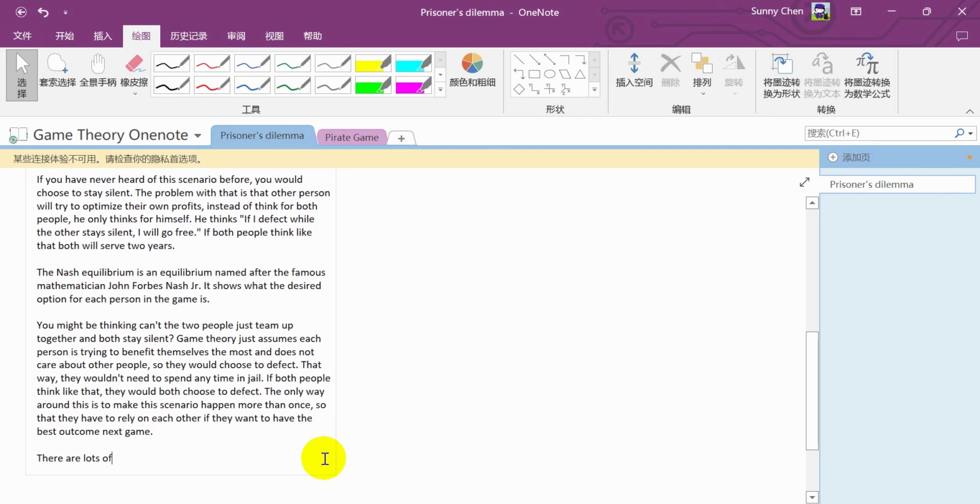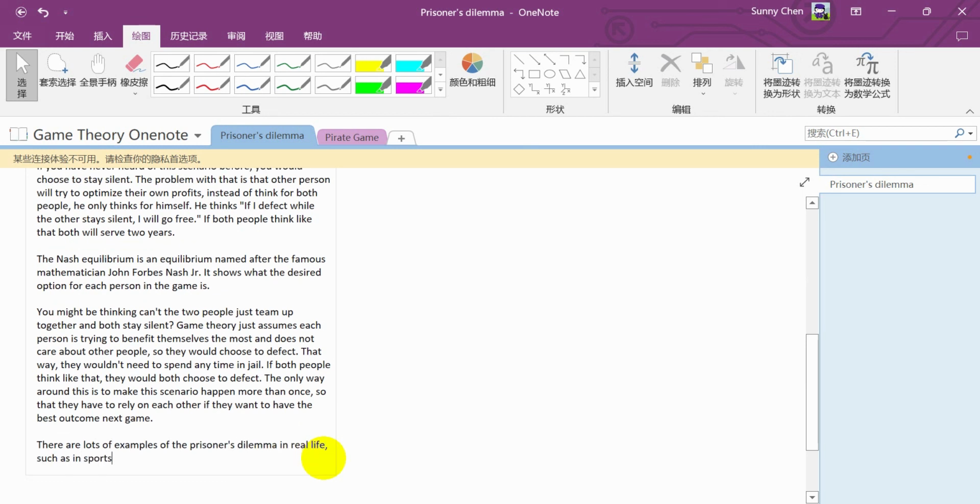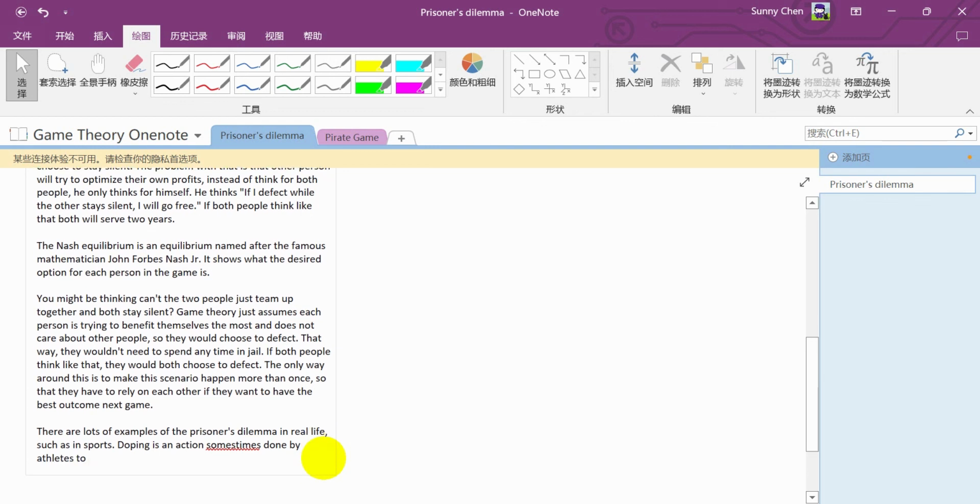There are lots of examples of the prisoner's dilemma in real life, such as in sports. Doping is an action sometimes done by athletes to give themselves better performance.